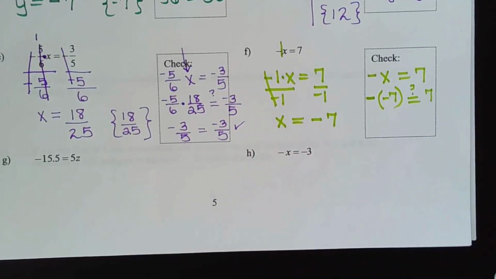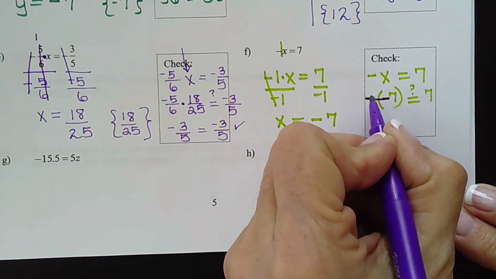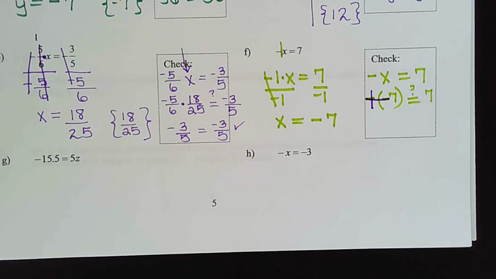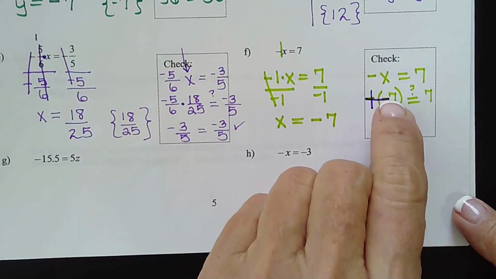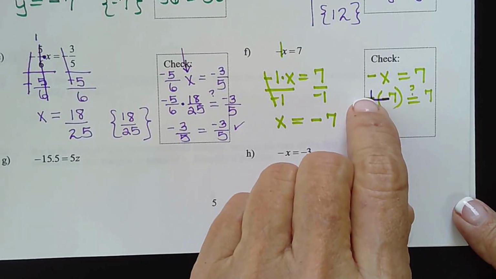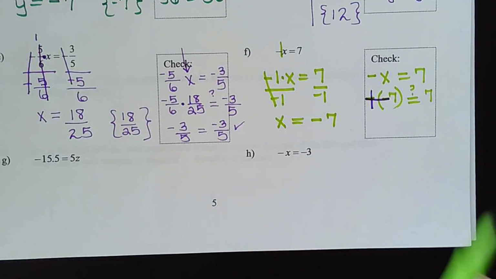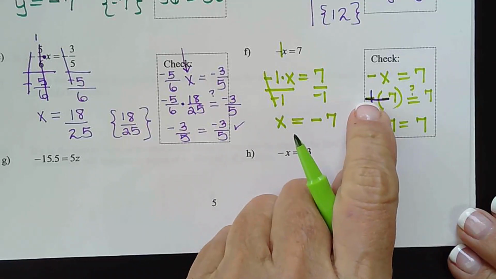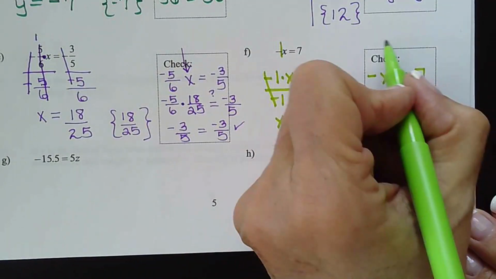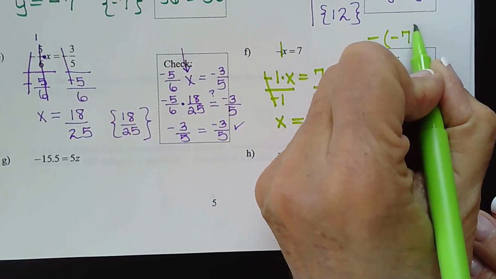Like I said, double negative, the minute you see it, you make it plus. And the reason why it's plus is because that's read opposite of -7. The opposite of -7 is 7. So that's why we're allowed to do that. When there's a negative in front, it's read opposite.